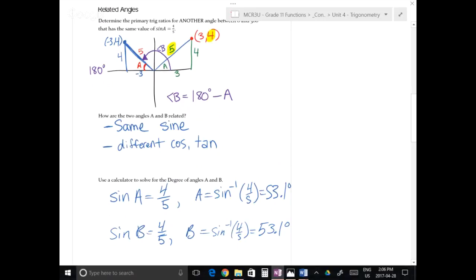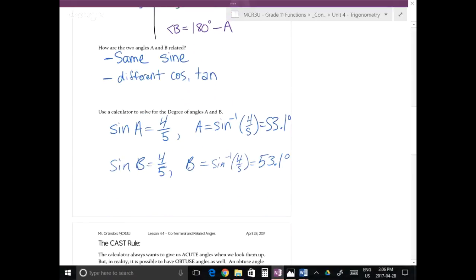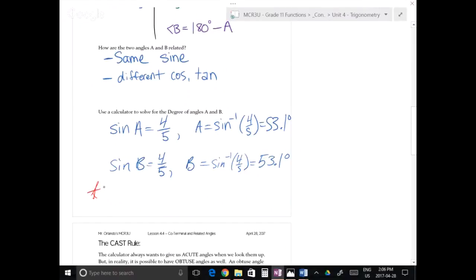It's going to give you the first answer. It's just going to tell you the smallest possible angle with that sine, with that cosine, with that tangent. So your calculator always gives you acute angles.